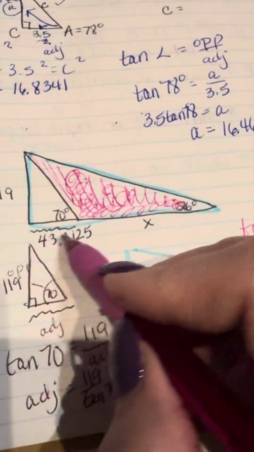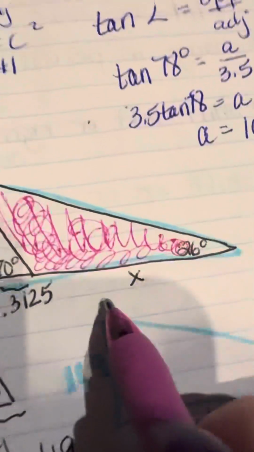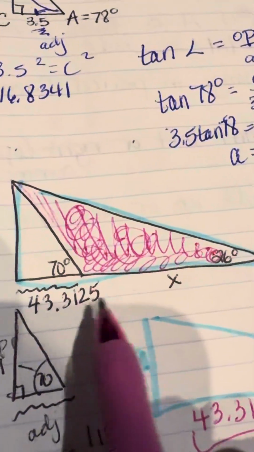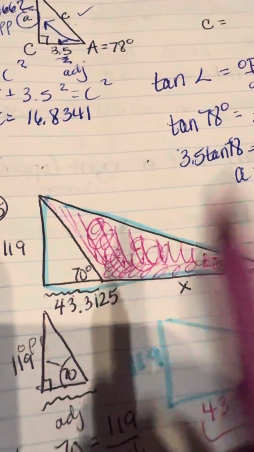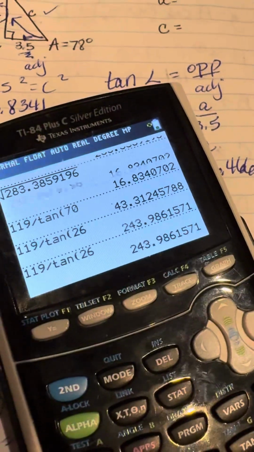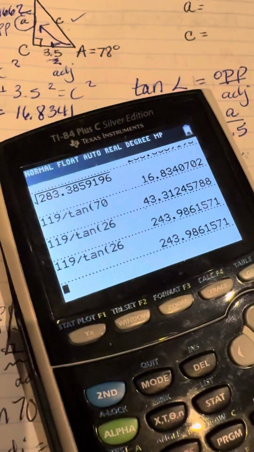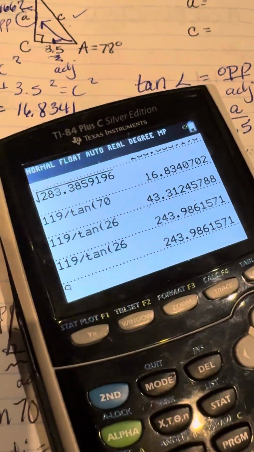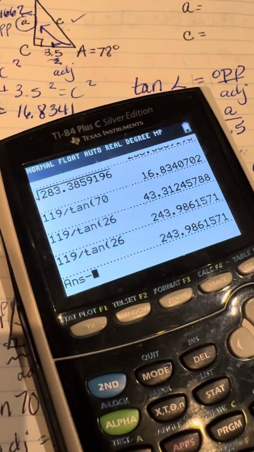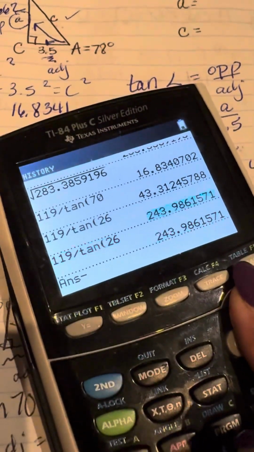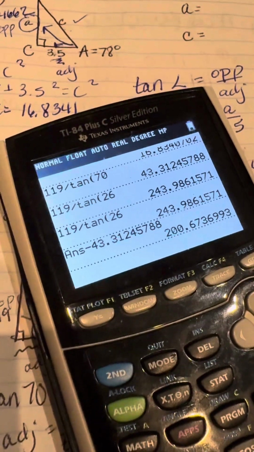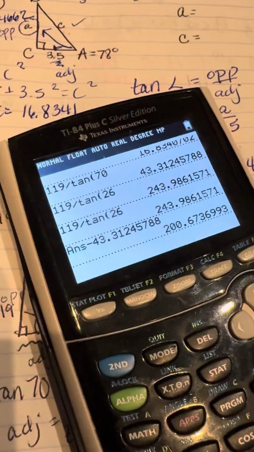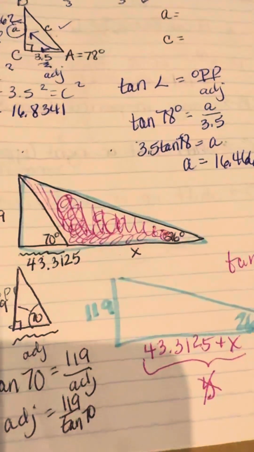So if I know this whole thing is 243 point something, and this little piece is 43.31..., and I want x, then I'm going to take that 243 and subtract from it the 43.31. That gives me my resulting 200.6737.